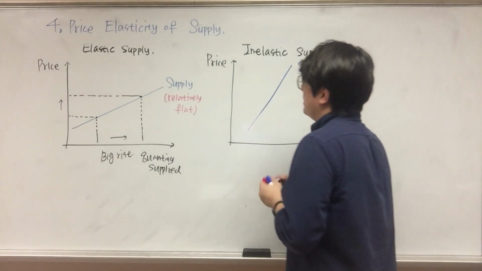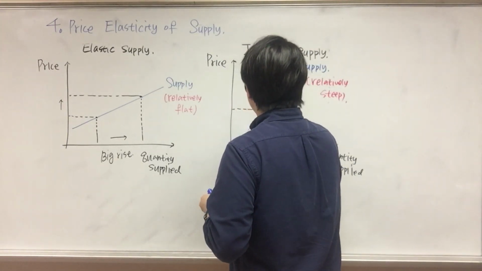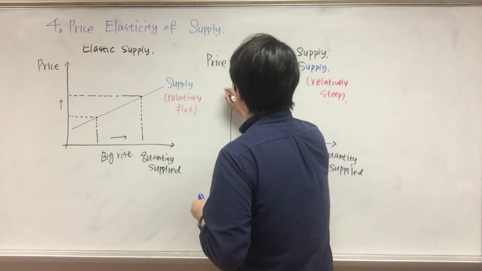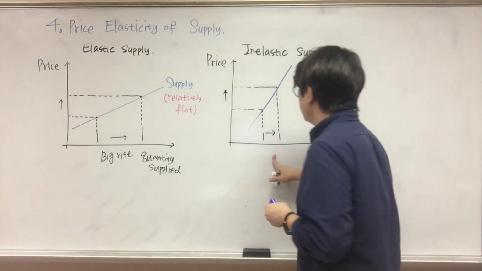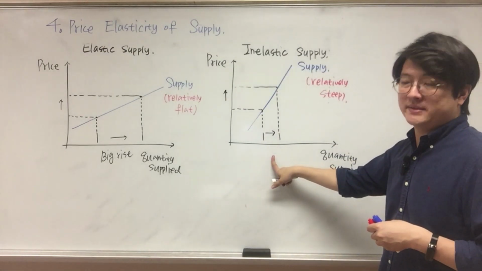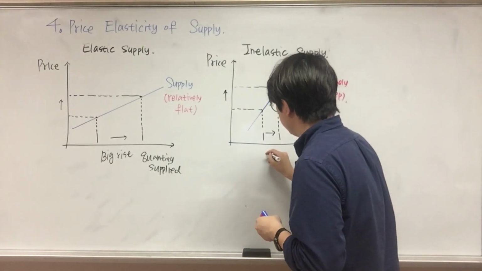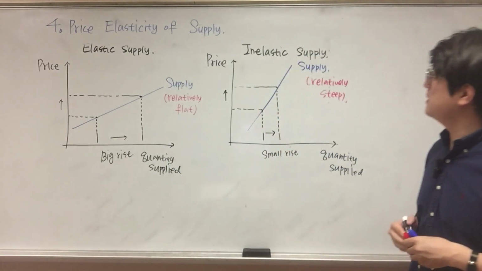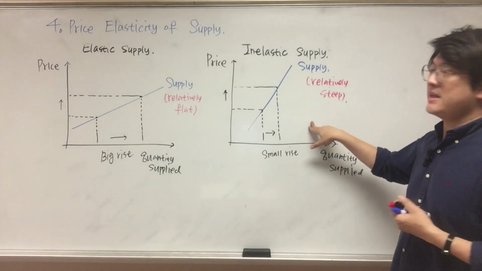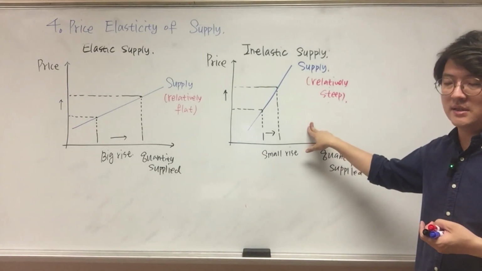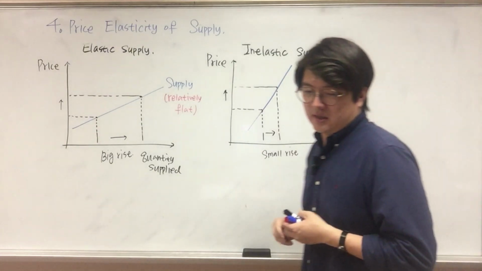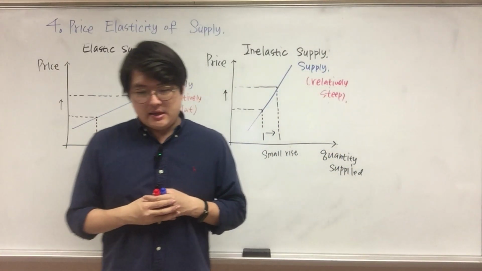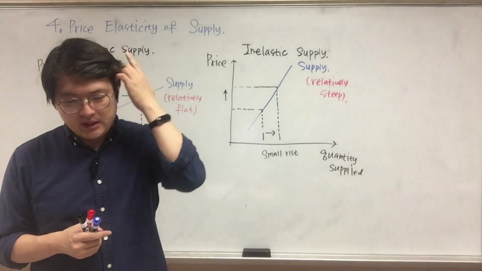So if the price goes up, the quantity supplied changes a little bit, right? So a small rise, because it is inelastic. Less response of supply. Any questions about this?